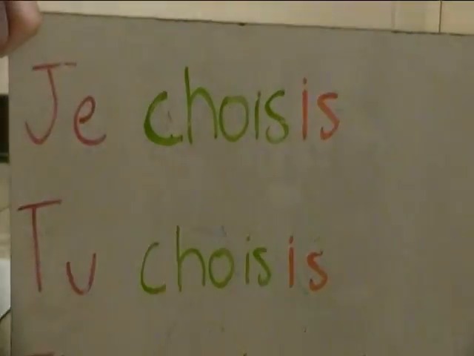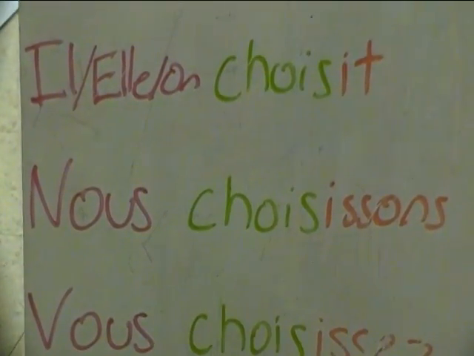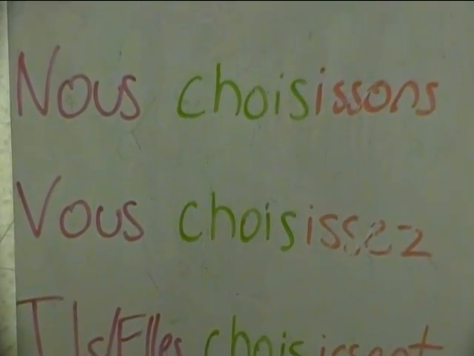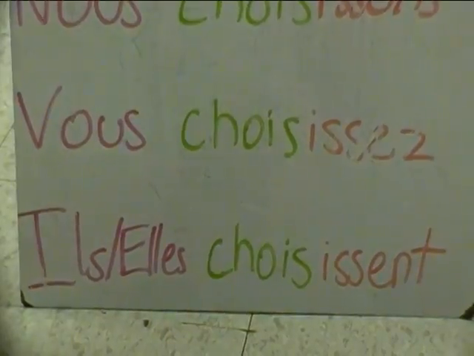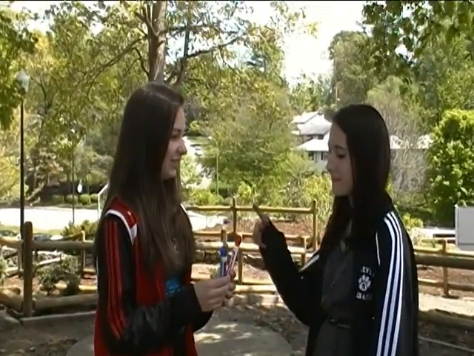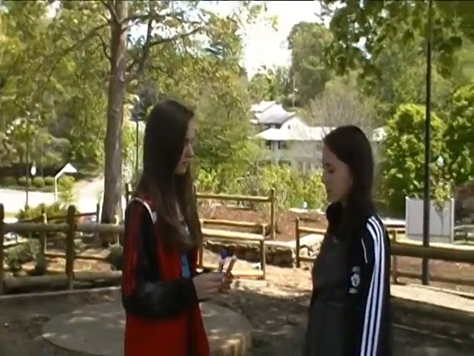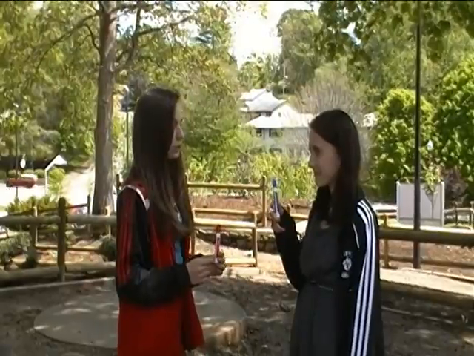Je choisis, tu choisis, il, elle, on choisit, nous choisissons, vous choisissez, and ils, elles choisissent. That means that saying you choose blue in French is: Tu choisis le stylo bleu.